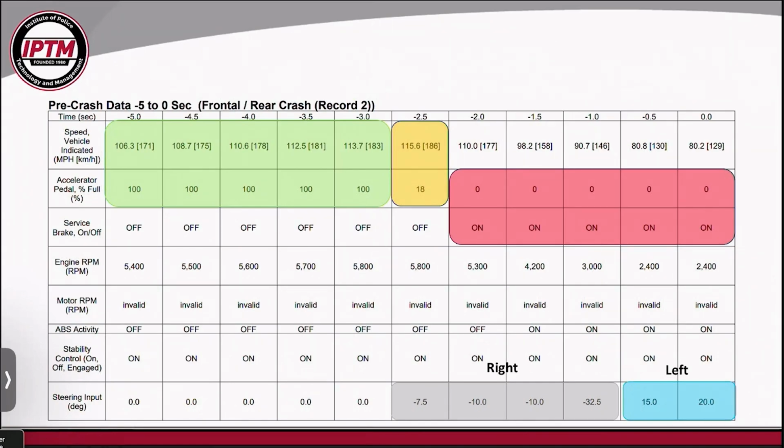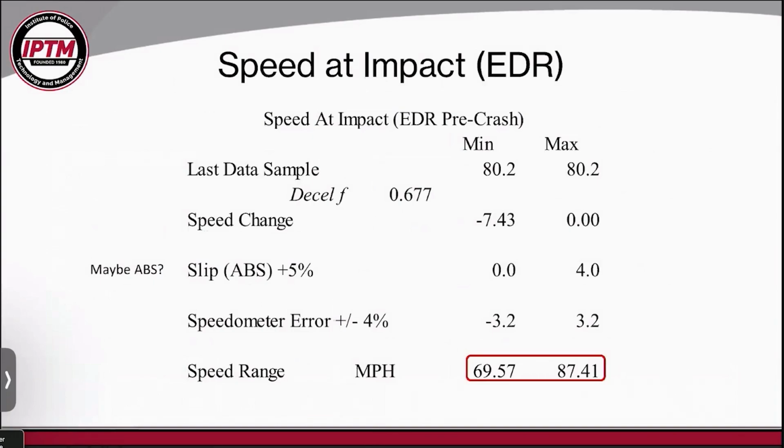So that tells us that there was some change in direction from where he was originally traveling. So now let's go ahead and take a look at some other information that we're able to get using this event data recorder report.